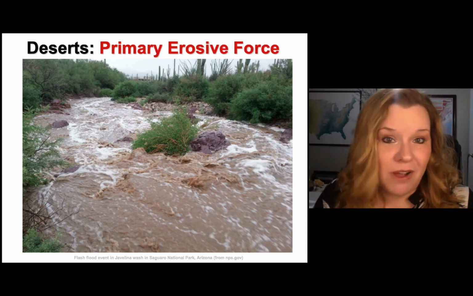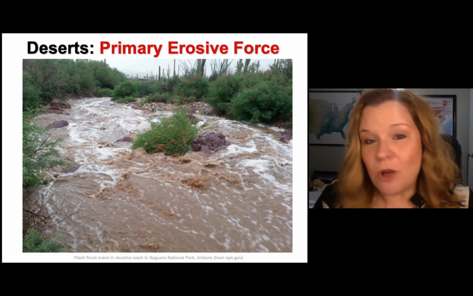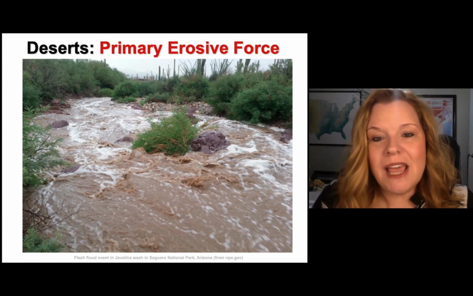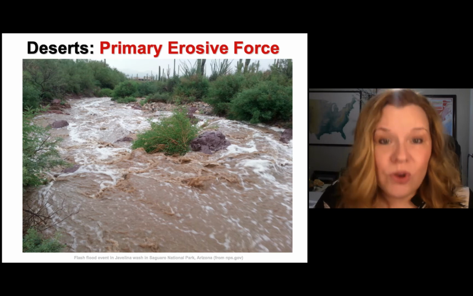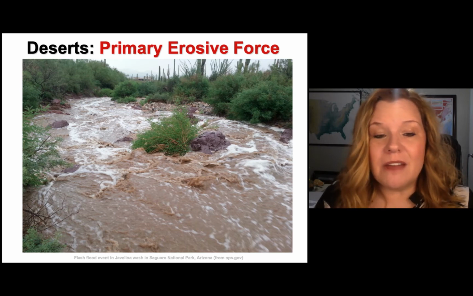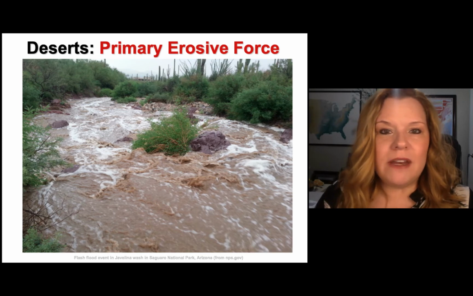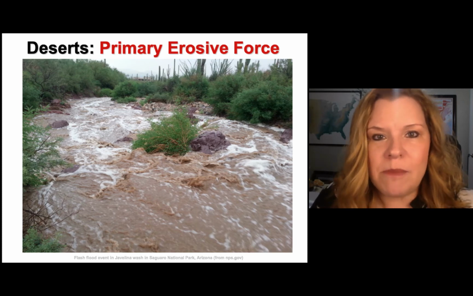This is actually in Saguaro National Park in Arizona, and I want you to take a look at this. This is a dry wash, meaning you could walk in and it'd be dry on most days. But during monsoon season, take a look at the devastation and how this could totally change the landscape. Not only would it weather and break up sediments, it would erode and create new cut banks and flood out sections.